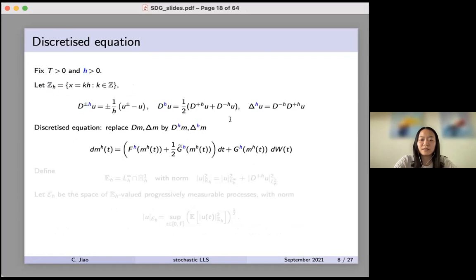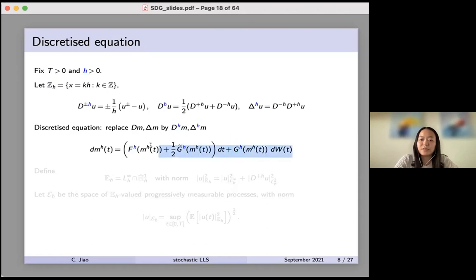Then we consider the stochastic LLS equation on the uniform grid Z_h, formulated with the discrete symmetric gradient and discrete Laplacian. For simplicity, we just replace F, G tilde, and G with F_h, G tilde_h, and G_h, which represent the discretized versions of the original functions.